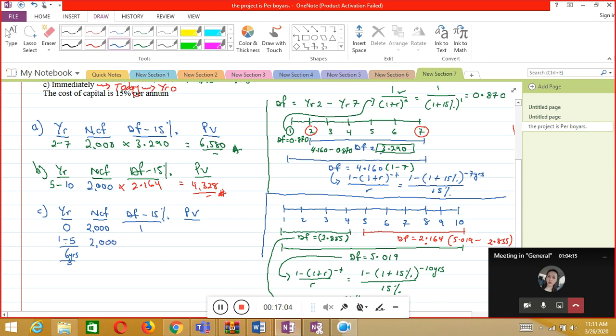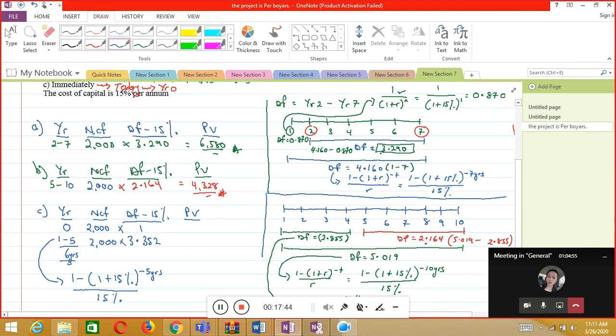Okay, so this is another 2000. Okay, and how much a discount factor? Now this should be easy because this is a bit straightforward. 1 to 5 means straight jump into the working. 1 minus 1 plus 15% power of negative what? 5 years over what? 15%. So how much a discount factor? So you should be able to get 3.352.